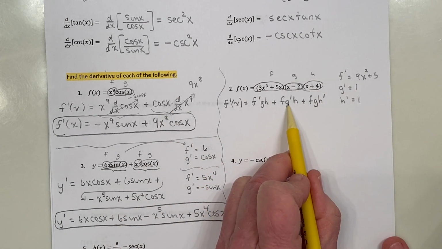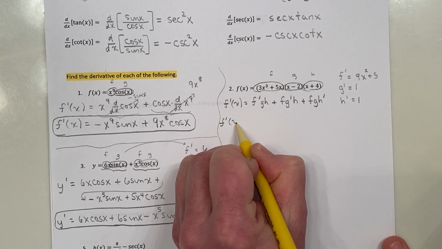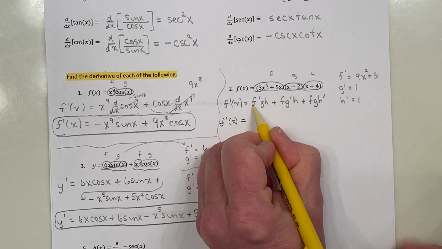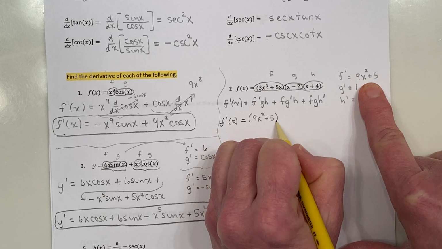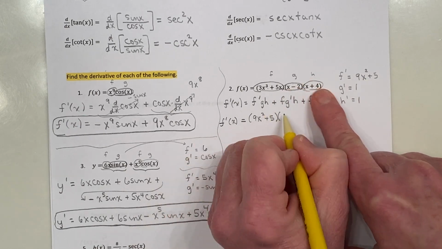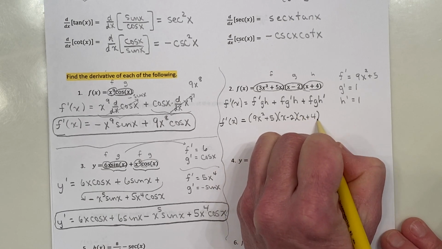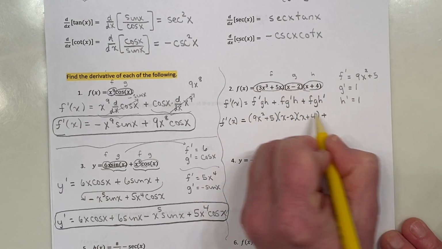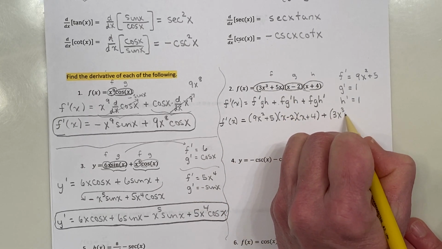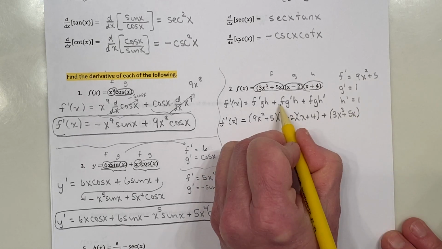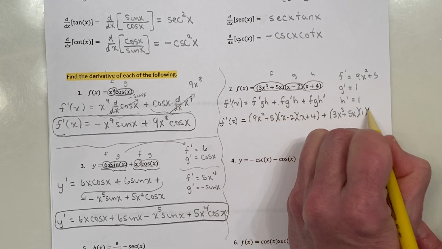So if I applied this formula to this function, I want to go grab f prime, 9x squared plus 5, and then record g and h left alone, plus, now I'm at f g prime h, so f left alone, g prime is 1, and then h left alone, which is x plus 4.